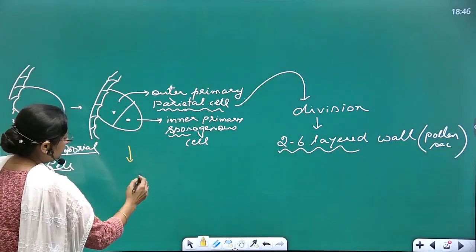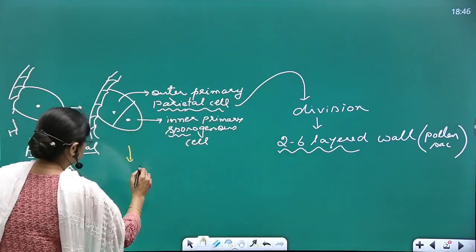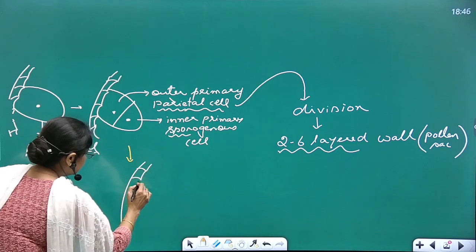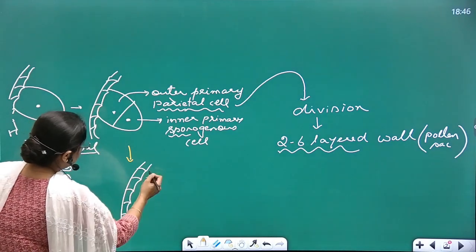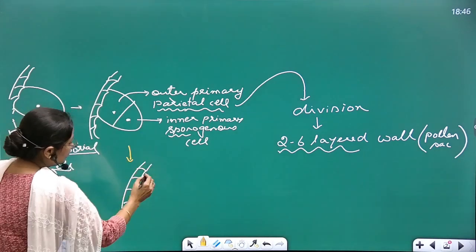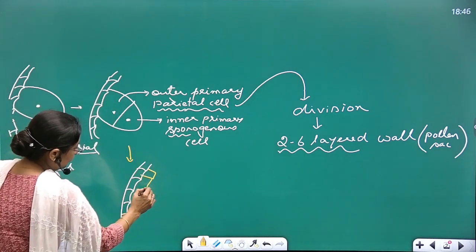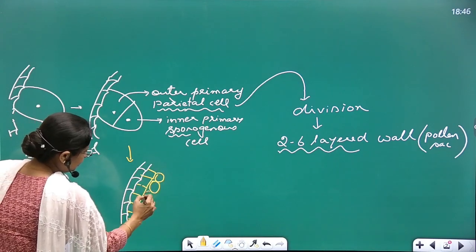Next diagram. The parietal cell will divide and form layers, about 2 to 6 layers.